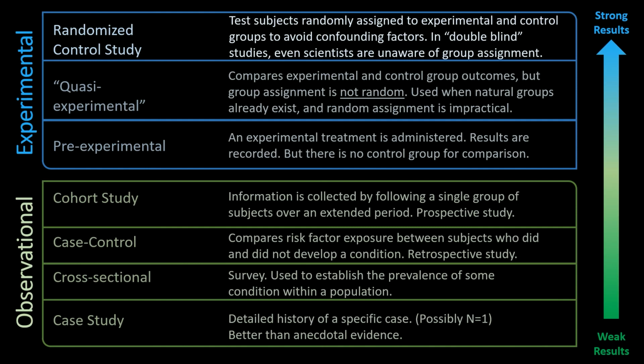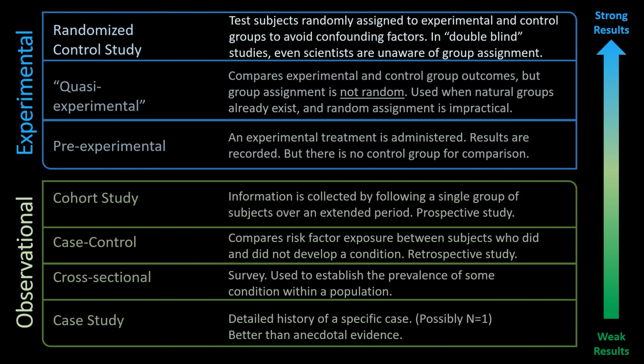In a double-blind study, even the scientists will be unaware of group assignment. You usually see this in drug trials, where the control group is being given a placebo, and the experimental group is being given the experimental medication.